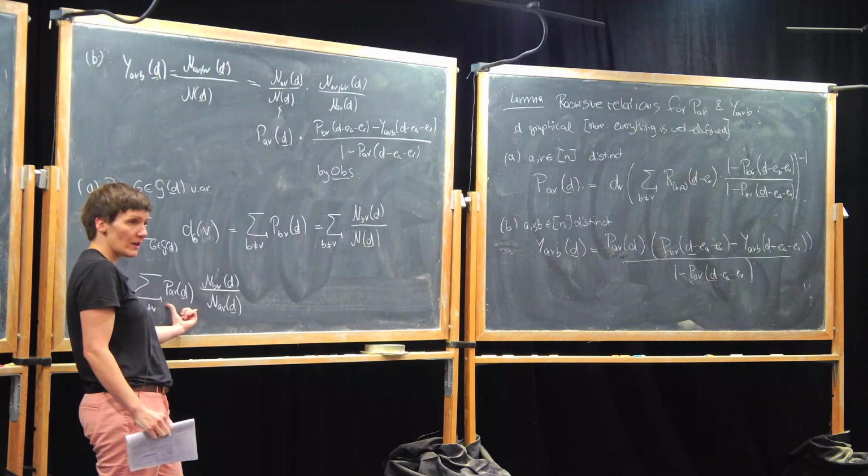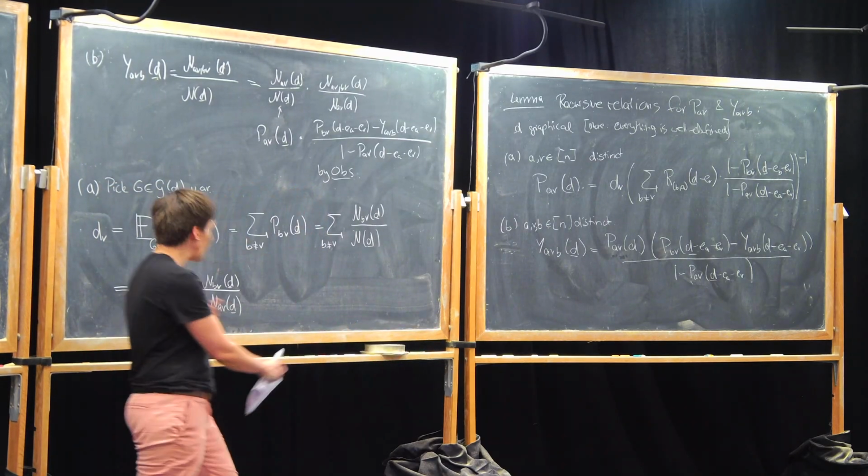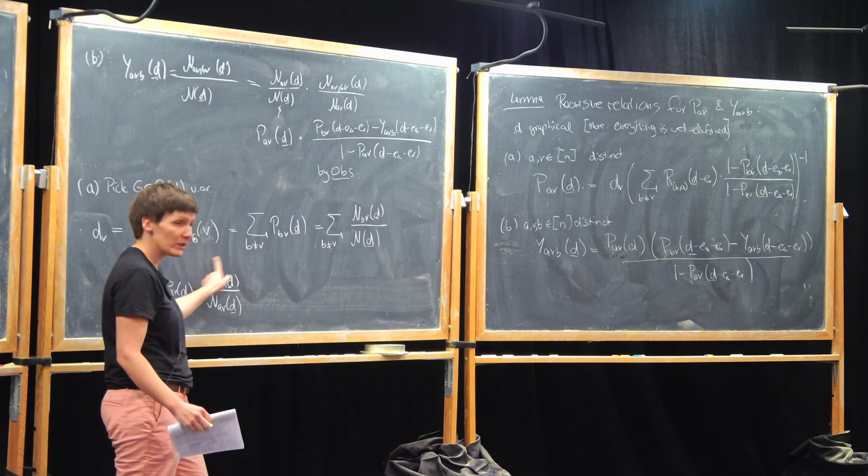Because that is NAV of D divided by this N of D. So I'm just pulling out the probability, and that's what I'm left with.